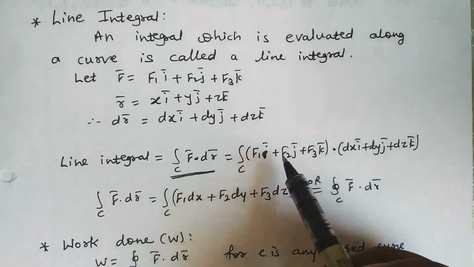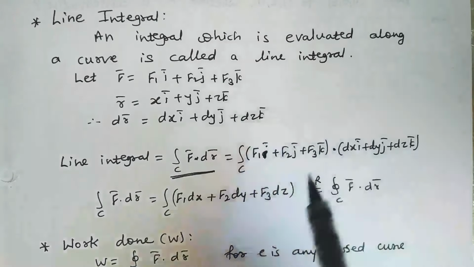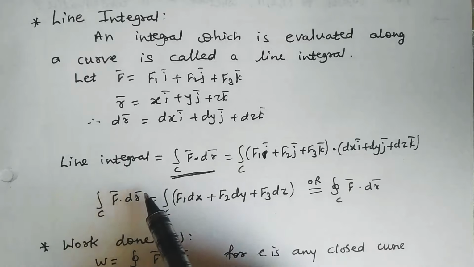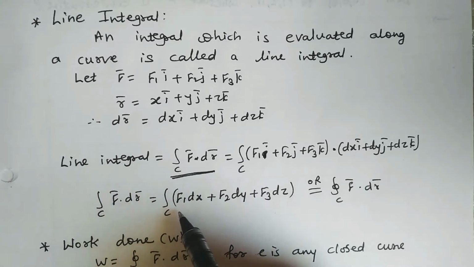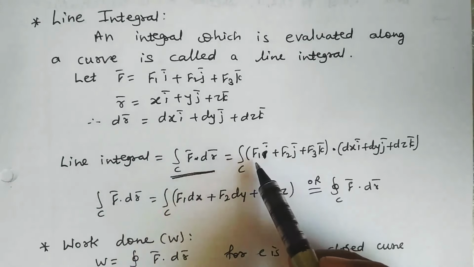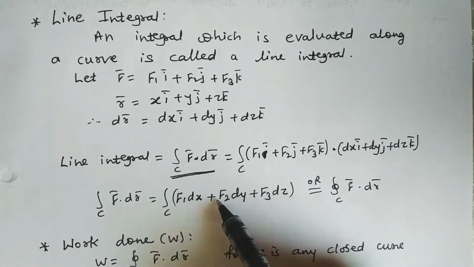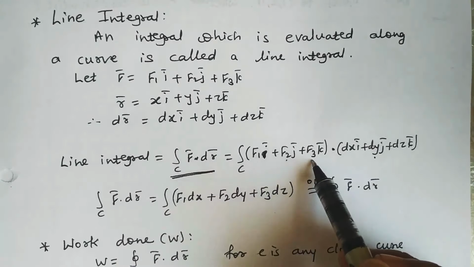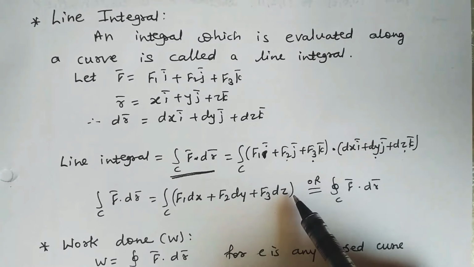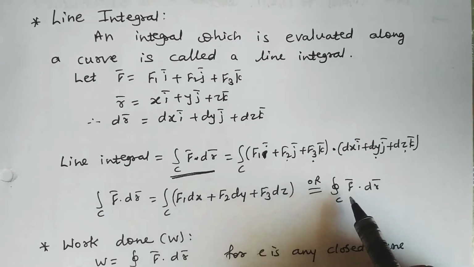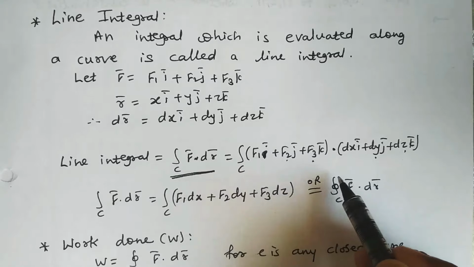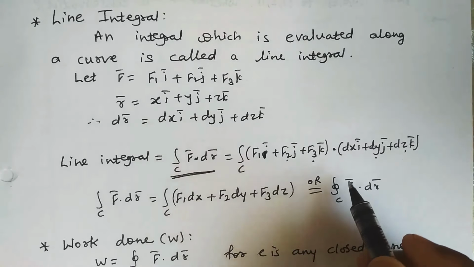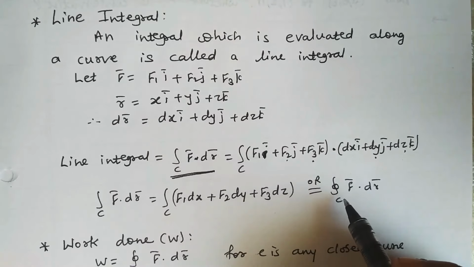Now taking dot product of these two quantities, you will get the integration over C f bar dot dr bar, that is equals to integration over C, then this is f1 into dx plus f2 into dy plus f3 into dz. This can be also written as closed integral over C f bar dot dr bar.